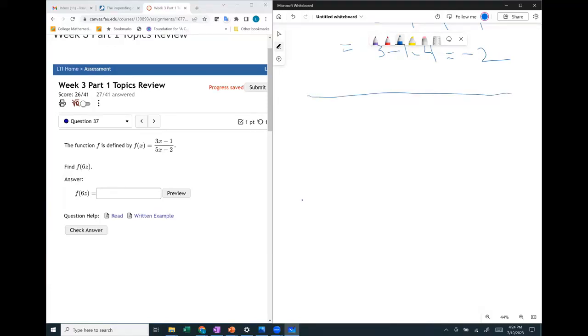So if I say f of whatever equals 3 parentheses minus 1 over 5 parentheses minus 2, whatever's in the x, we're going to put whatever's inside that thing where all the x's went.